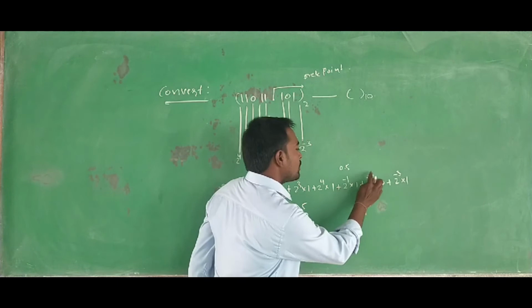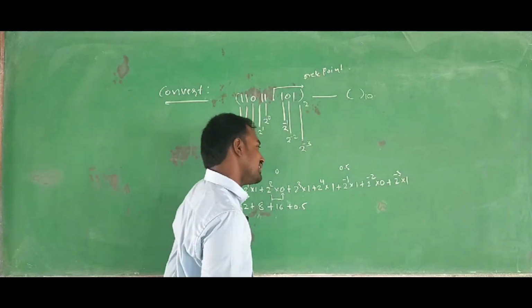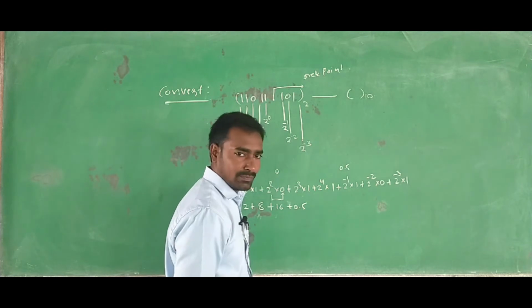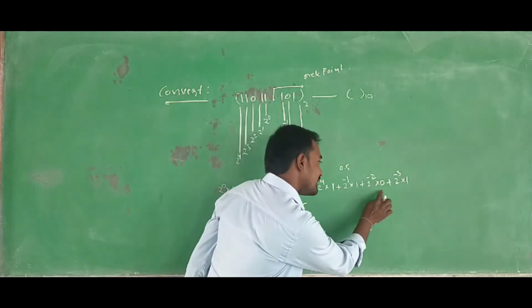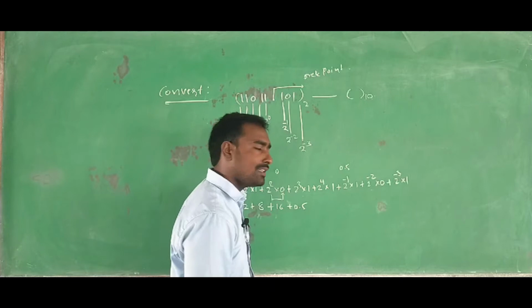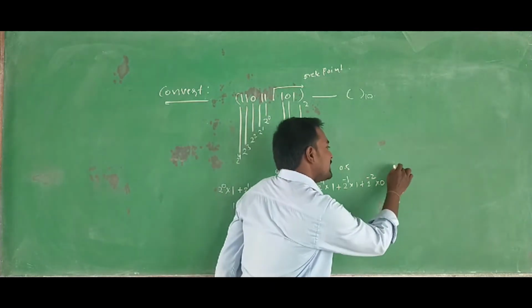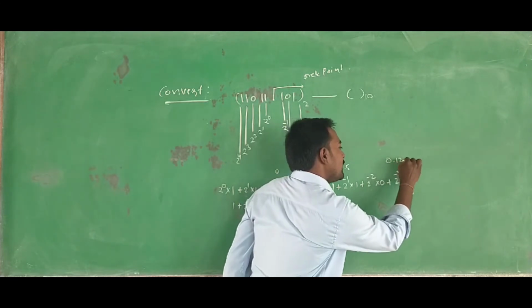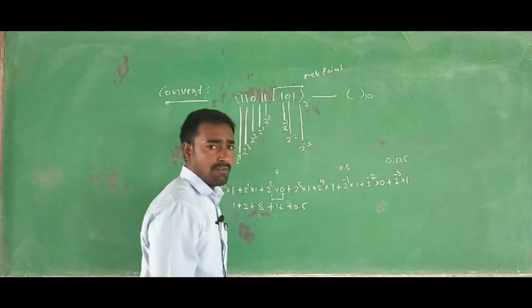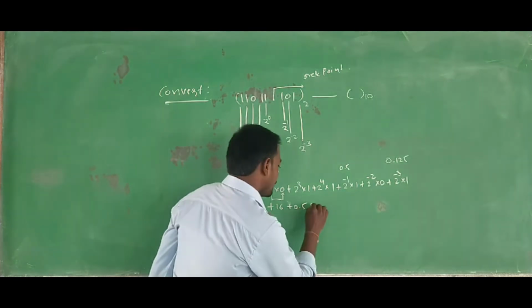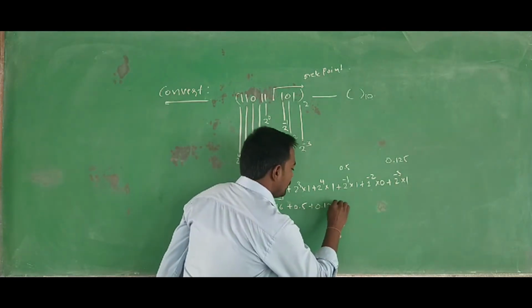2 to the power of minus 2 is 0.25, and that multiplied with 0 gives 0. 2 to the power of minus 3 is 0.125, and 0.125 into 1 is 0.125.